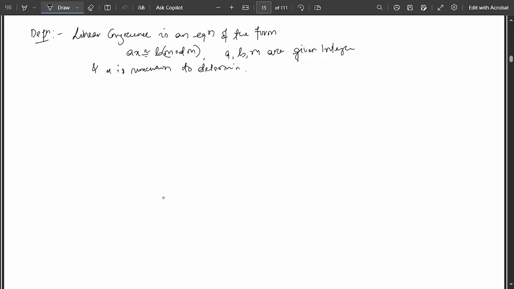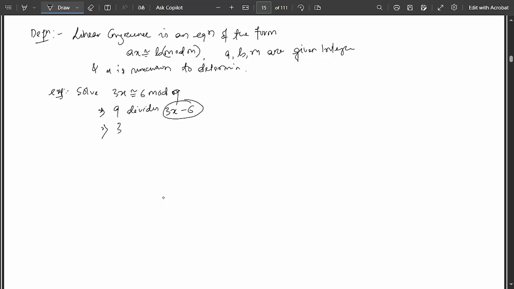We'll understand this with an example. Suppose I have a question: solve 3x congruent to 6 modulo 9. What does this mean? This means 9 divides 3x minus 6. This is the definition of the congruence modulo relation. Since 9 divides this difference, it is a multiple of 9.